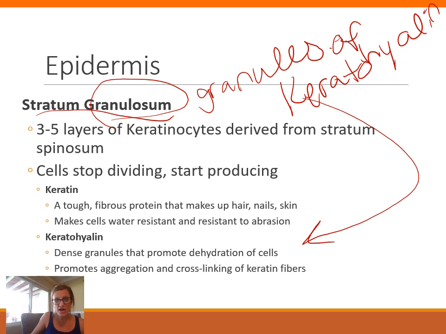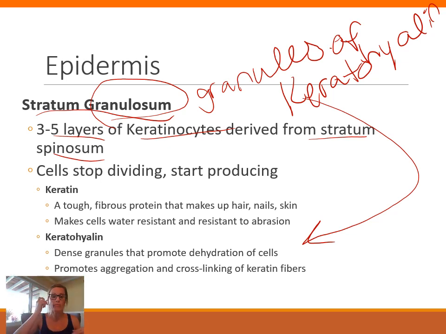Now, the stratum granulosum is 3 to 5 layers of keratinocytes. And those keratinocytes come from the stratum spinosum because remember, the cells just get pushed up and up and up and up. So the cells of the stratum basale are going to become the stratum spinosum. The cells of the stratum spinosum are going to become the granulosum.